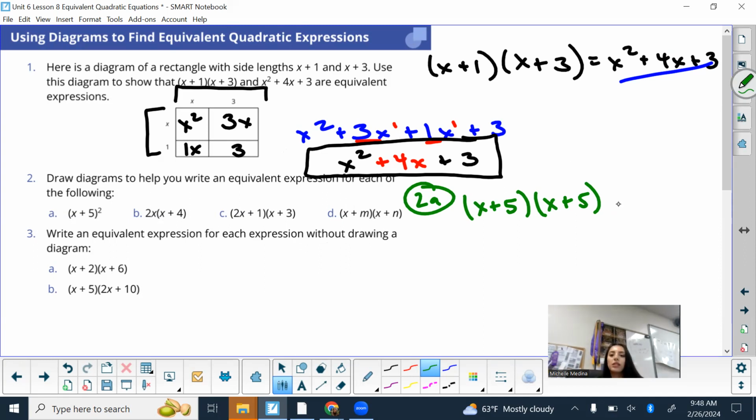And then you could continue to make the diagrams, which if I do, because it says to draw diagrams for this, it would be really similar to the one from number 1.